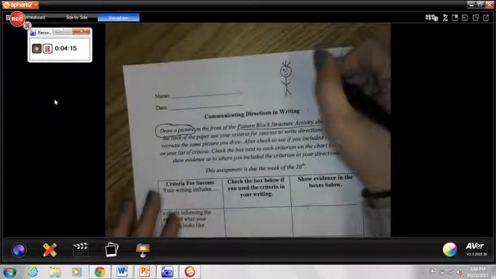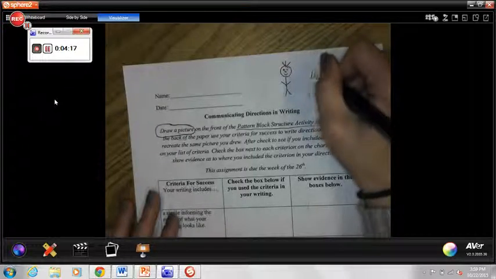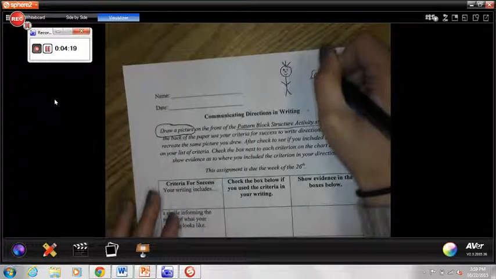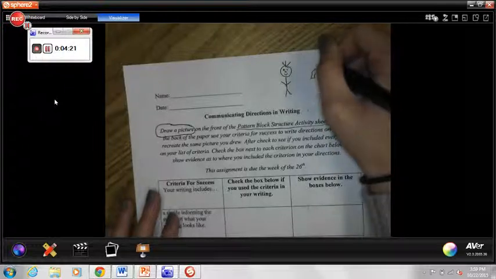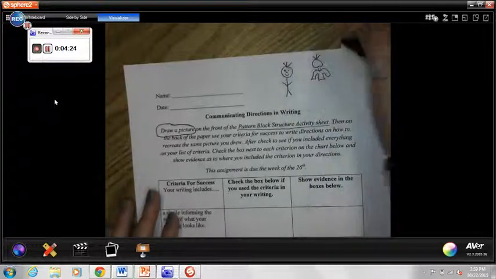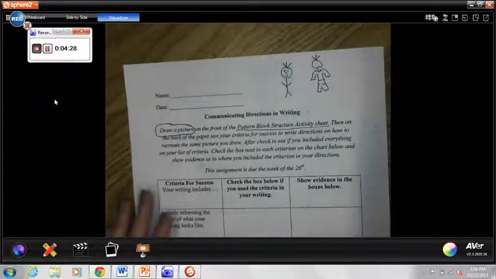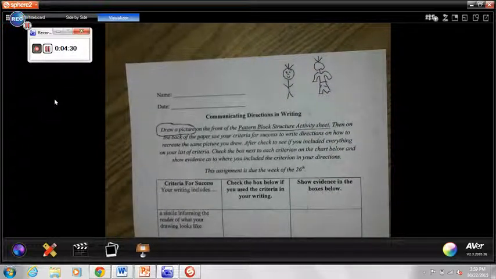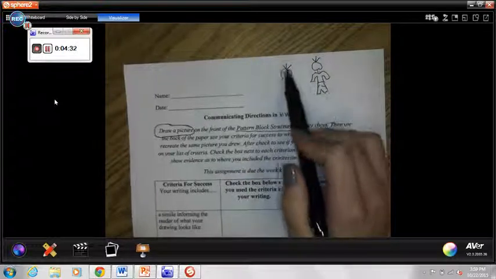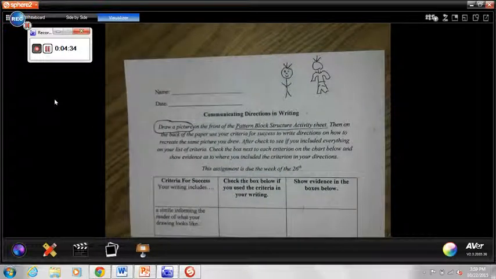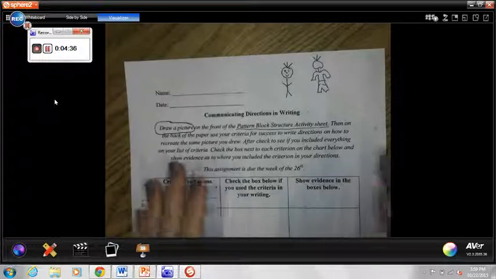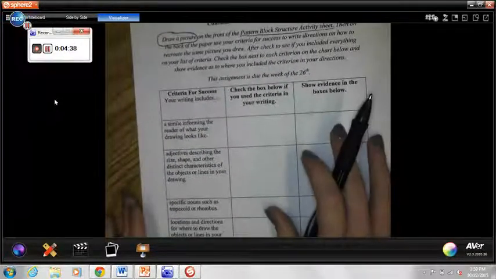So if they draw a person who looks like this, sorry, I'm doing it quickly, that's not the same person. Yes, there are two people with three lines coming out of their head for hair, but they are not the same drawing. I want them to look identical, or as close to identical as possible.